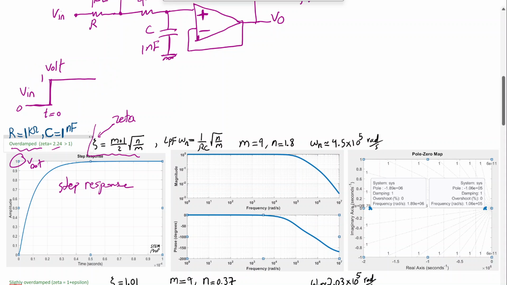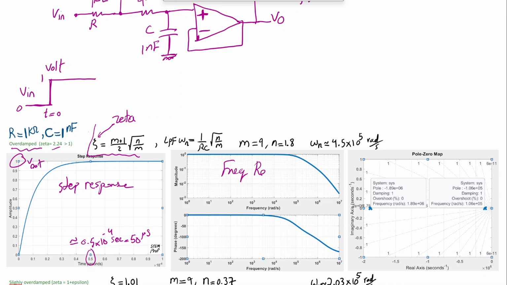So the output reaches the input in this low pass filter after some time, in this case after roughly 0.5 times 10 to the minus 4 seconds, which means about 50 microseconds. So we can say the output almost asymptotically reaches the target value of the input after about 50 microseconds. So that is the nice response of an overdamped filter.